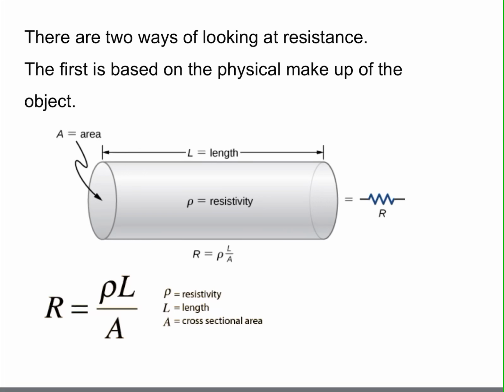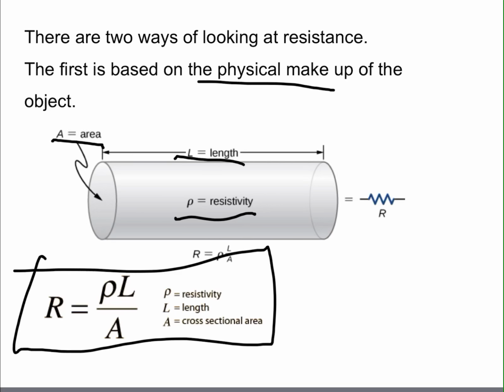So, let's look at this diagram. There are 2 different ways we can look at resistance. The first one we're going to look at is based on the physical makeup or the physical characteristics of the object. This drawing here is a really nice drawing, and it shows you all the pieces that build our formula. So here's our formula. It's R equals the Greek letter rho.